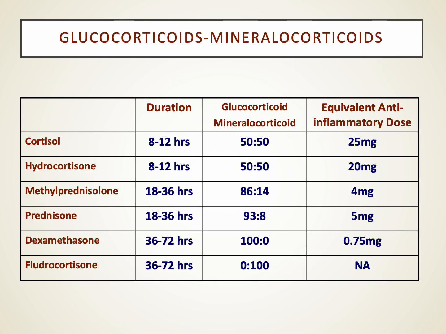I think it's important as a clinician to keep in mind this chart comparing the available glucocorticoids, particularly in their relationship to how much is gluco versus mineralocorticoid. Cortisol is the naturally occurring substance, which is about 50-50 of each.